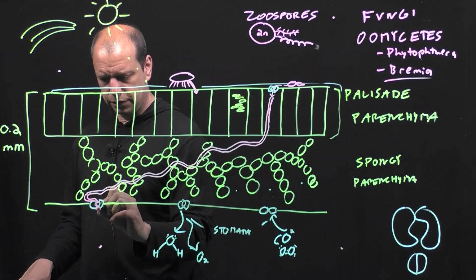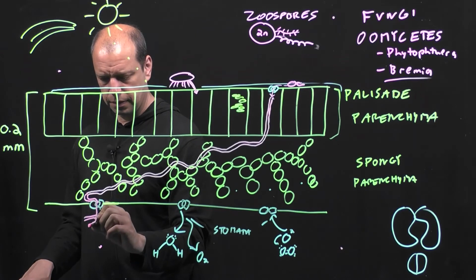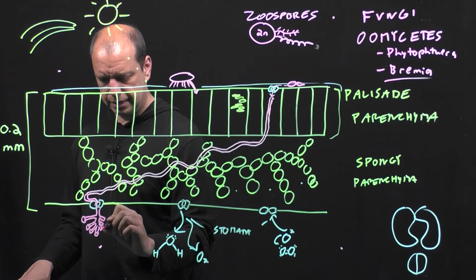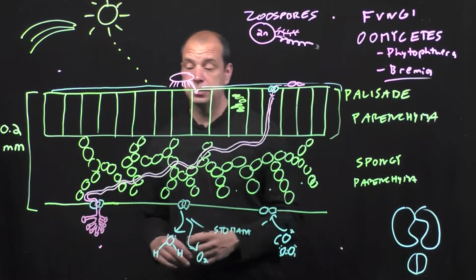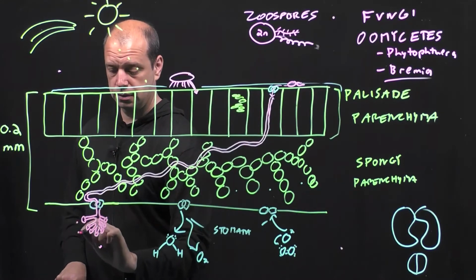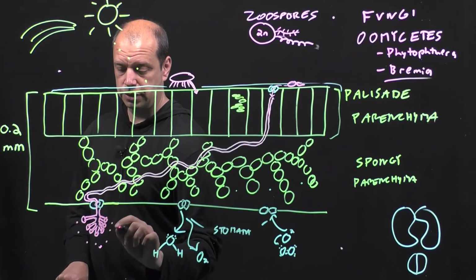Then it everts a structure called a conidiophore. And this is not to scale. They're actually much smaller than this. But this conidiophore has at its tips spore-bearing structures that then make more spores that then are able to be discharged into the environment.